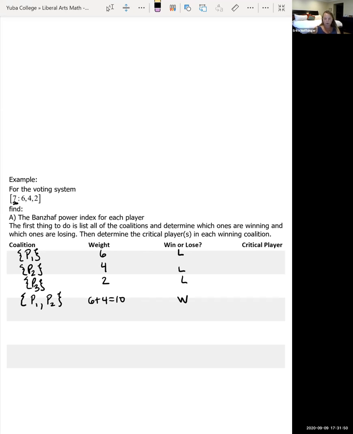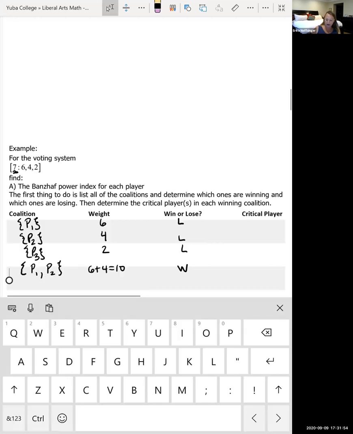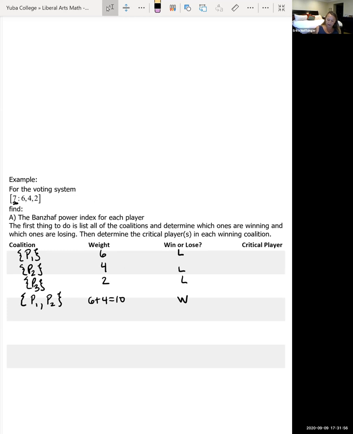If we remove player 1, player 2 alone cannot win, so player 1 is critical. If I took away player 2, player 1 can't win by themselves either, so player 2 is critical too.